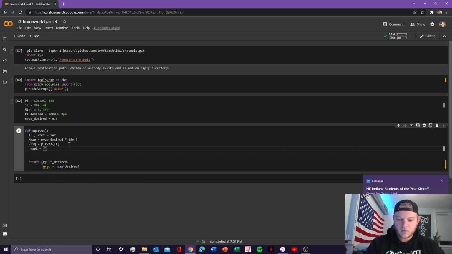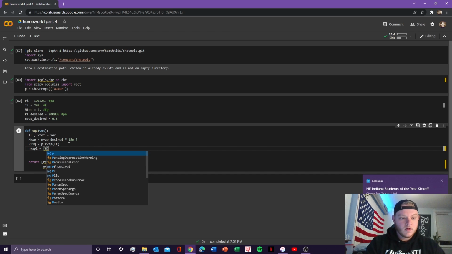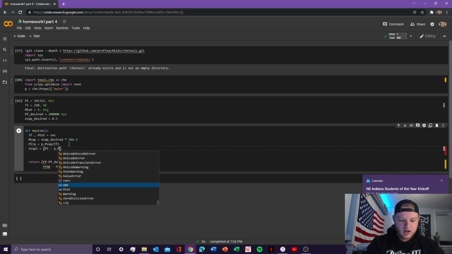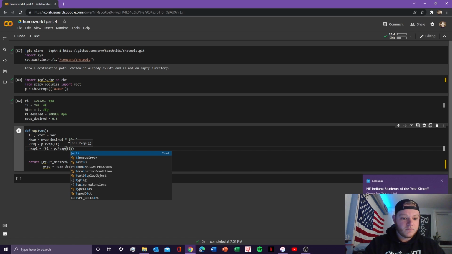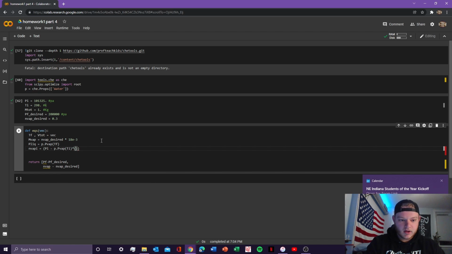Alright, here we go. So the pressure initially minus P vap initially. So the pressure of the vapor initially, that was multiplied by, what was that multiplied by?